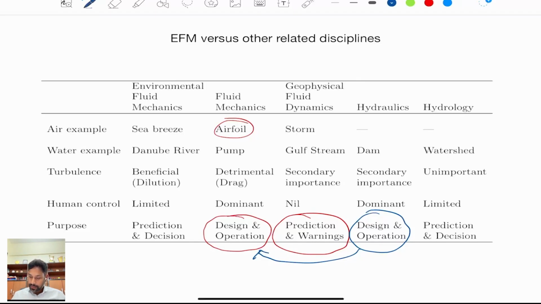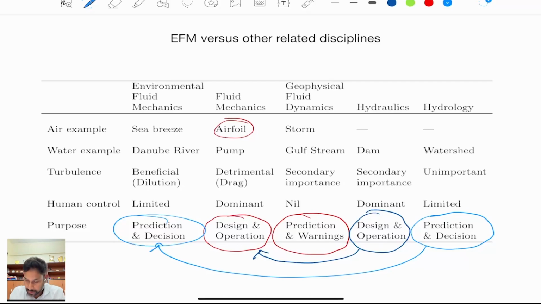Right? And then there is a field called hydrology. Hydrology is related to groundwater or rainwater, watershed, etc. And here again, similar to environmental fluid mechanics, we have prediction and design, which is what we study in case of environmental fluid mechanics as well.